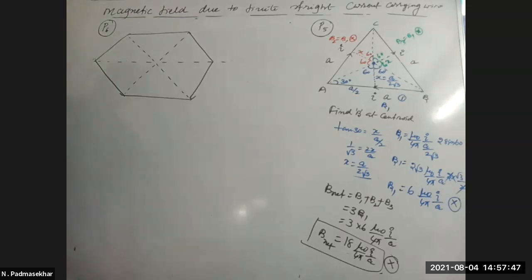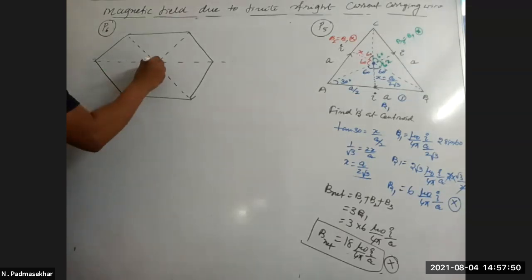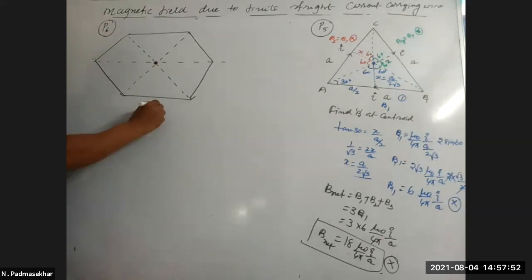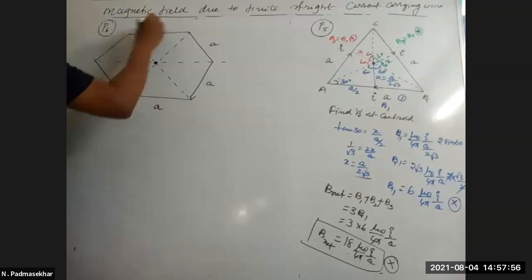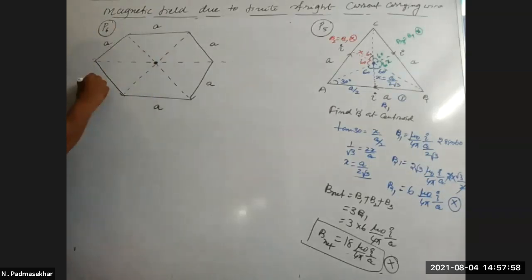Center of the regular hexagon at this point. So this is A, this is A, this is A, this is A, this is A, and this is A. All are A.